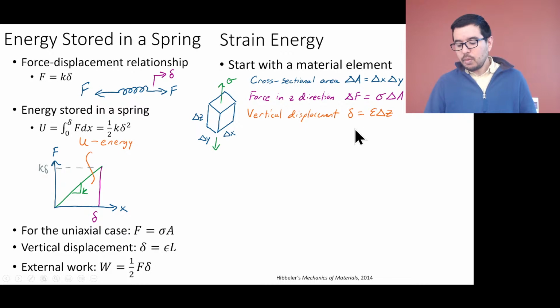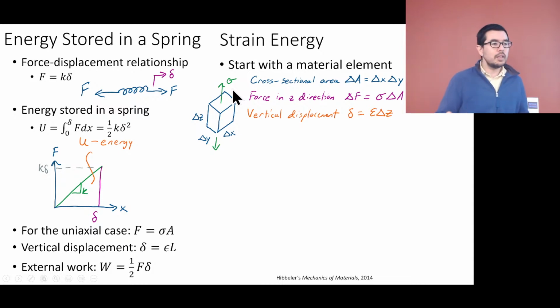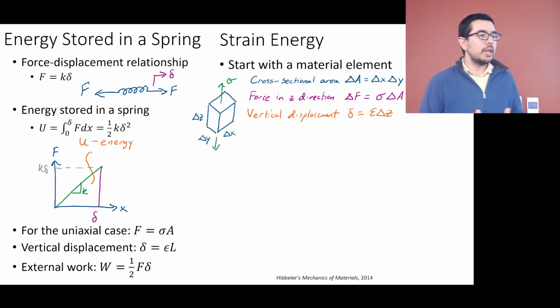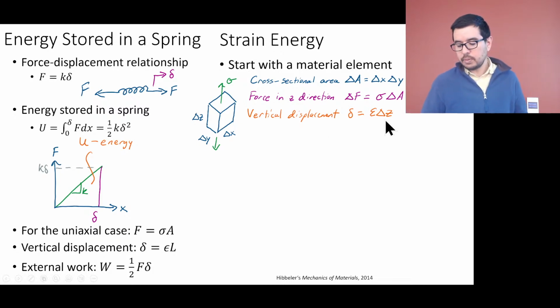We can also calculate the vertical displacement if I know the strain. I didn't draw a strain on there, but we know that strain is equal to the change in length over the initial length. So if I have that strain and the initial length, I can get the change in length, as we see here.